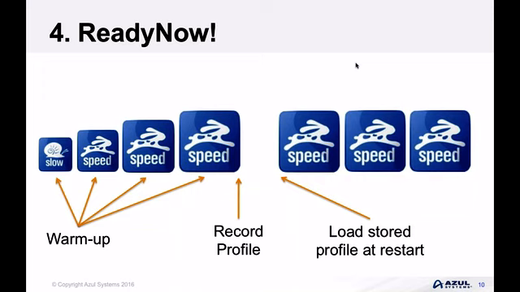But because we have this profile, we can immediately say, this is a hot method, let's compile that method. As the application starts running, its performance very rapidly comes up to the full speed we had before, based on the profile. So this is a very useful feature if you want to restart an application and get the performance you had before without going through that whole warm-up phase.